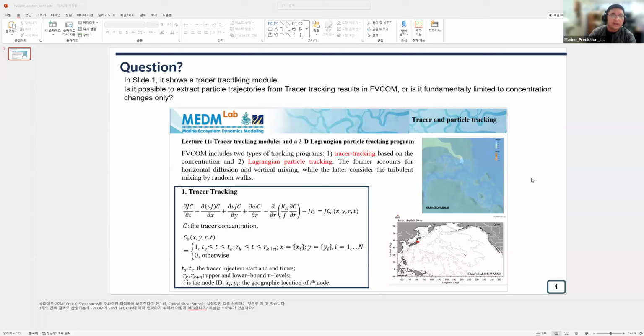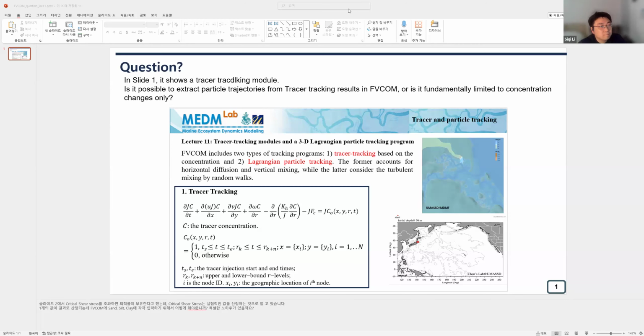I wonder whether, in the tracer tracking module, it is possible to extract particle trajectories, like the particle tracking module. And my second question is why particle tracking is different from tracer tracking.